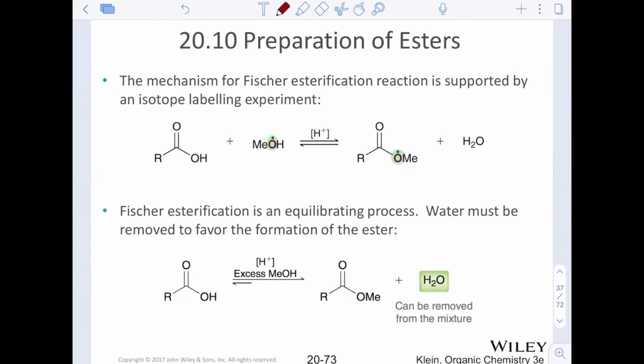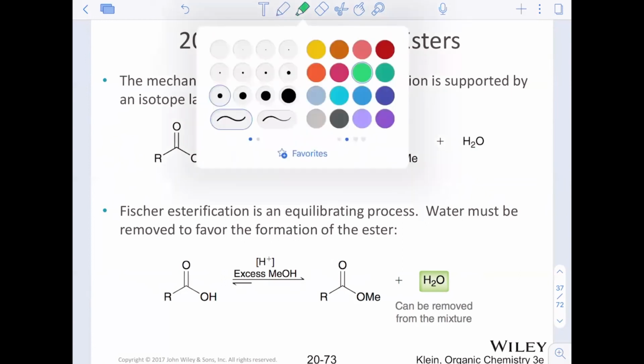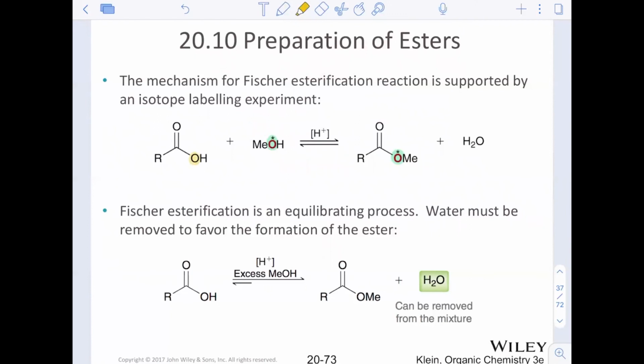Because the oxygen is incorporated into the ester structure. That's how we have been able to prove this mechanism, and that water was kicked out, not keeping the same oxygen. This oxygen right here becomes this oxygen right here.